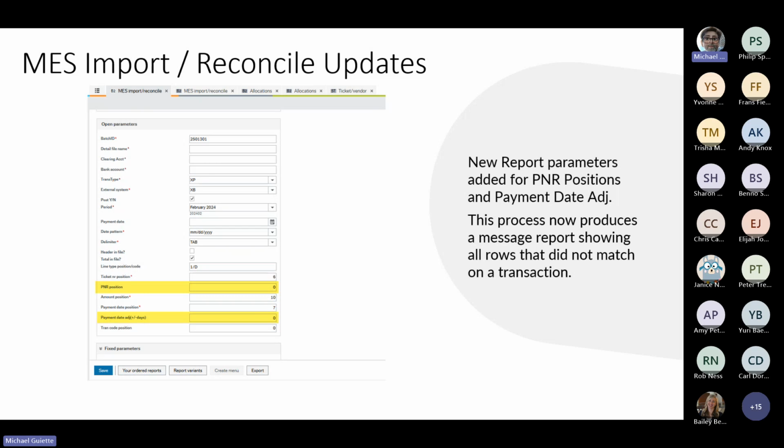It allows us to say, I want to make sure that I'm matching the payment, even though the payment date might be 1 or 2 days off of the file that we're receiving. So being able to identify that and say, yeah, we received the check on the 10th of June, but the reconciliation date on the file that we got from MES was the 12th of June. We want to say plus or minus 3 days here so that we make sure and pick up and reconcile that information.